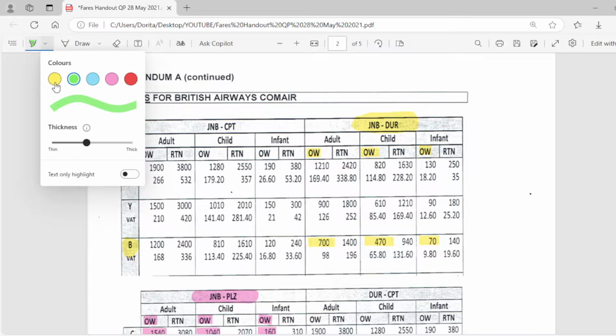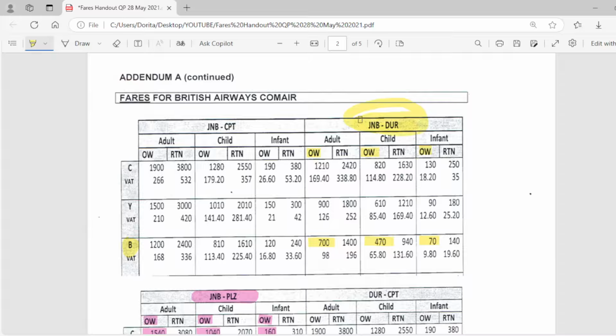So we can use that one because we can use the flights vice versa. There we go. Joburg to Durban. The class of travel is class B. There we go. And your fare for the adult will be 700 Rand. For the child, it will be 470 Rand. And for the infant, it will be 70 Rand.